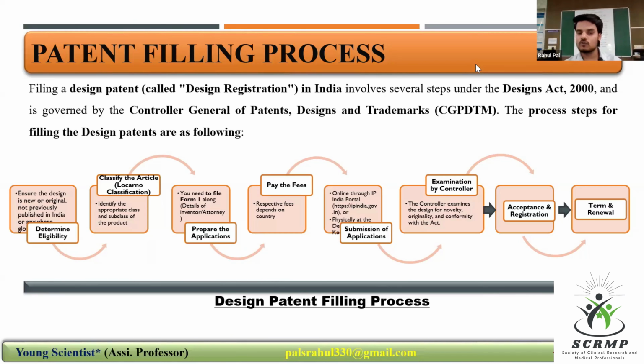After the rejection, there are lots of chances of imprisonment as well as fines from the government of India, because your work is already filed with the IPR. So how can you file, saying this is your work? First one is determine the eligibility, basically the originality or novelty of your work.